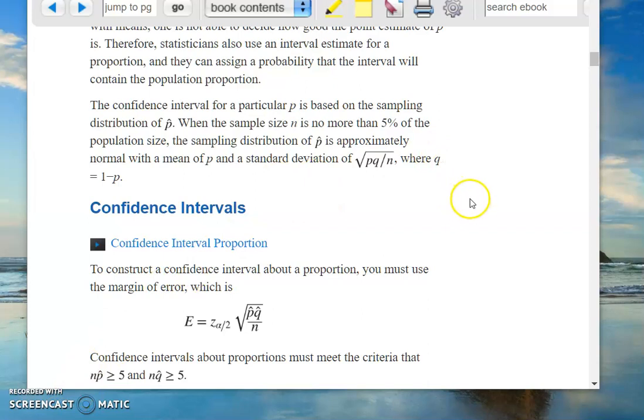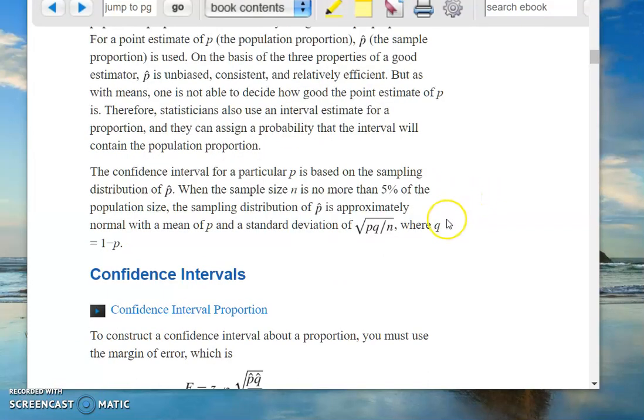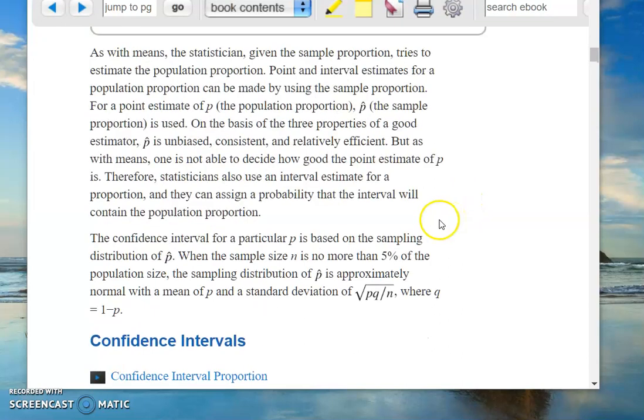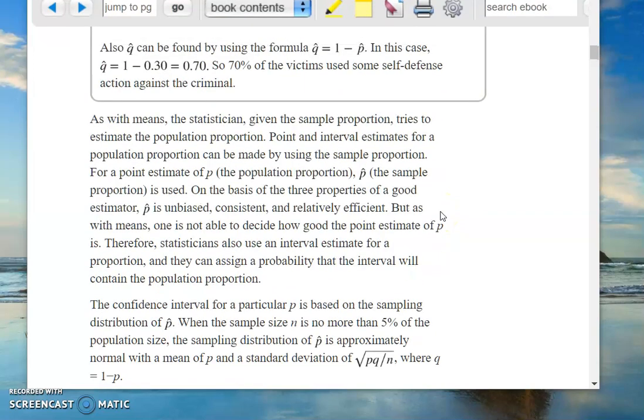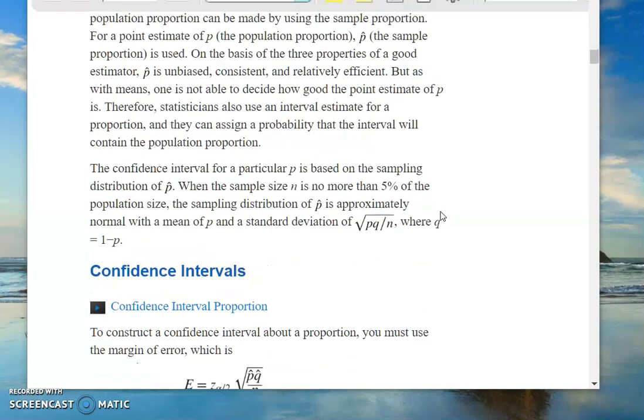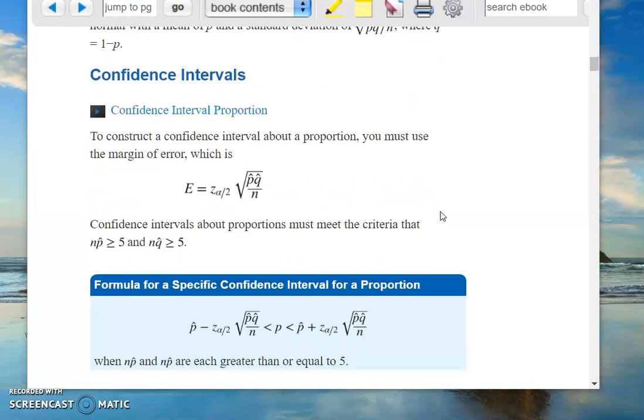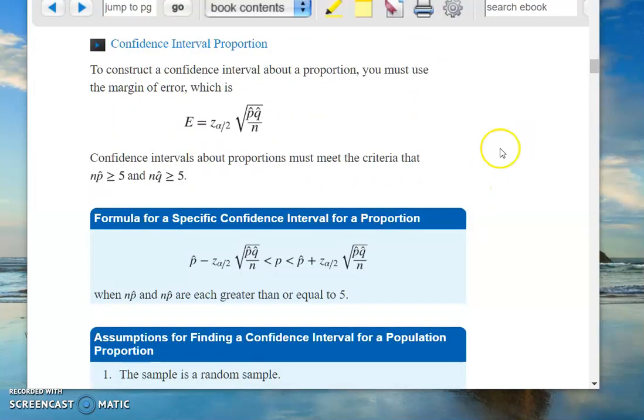Okay. So the point is that this p hat has a certain distribution. The mean of that distribution is the true p that we're really looking for. Okay, so we can go with that. We got what we need. To construct a confidence interval about a proportion, you use the margin of error.